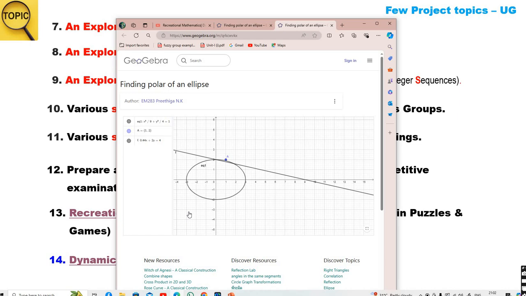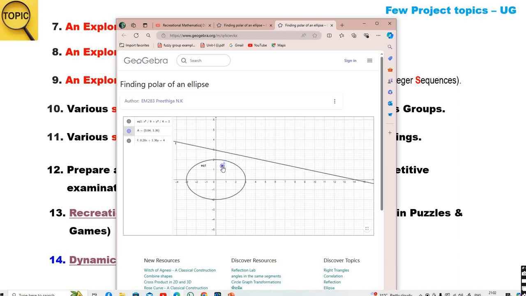All this you have studied in analytical geometry, but how can we give it as a dynamic, how to visualize that? That can be done with the help of GeoGebra. So here is an example. When the point lies inside the ellipse, the polar lies outside. When the point lies on the ellipse, it becomes tangent, and when it lies outside, the polar lies inside.